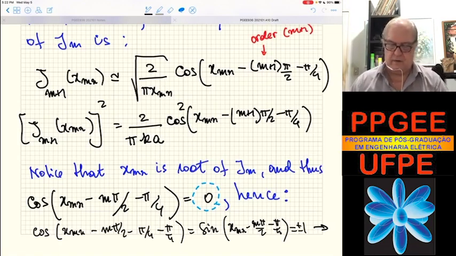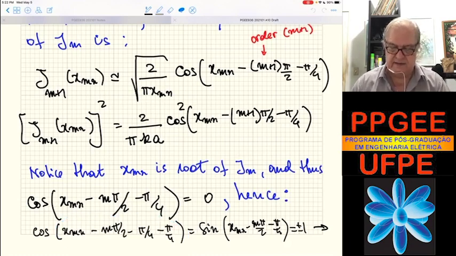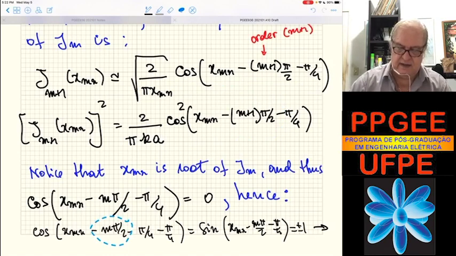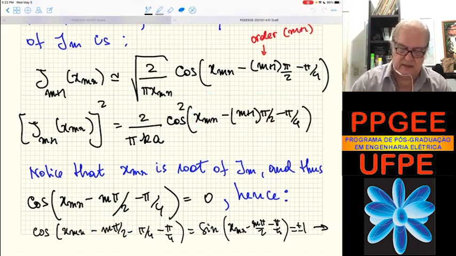And so the cosine of this thing is 0. This is wrong here. It is m plus 1, right? So there's a mistake here. I mean, this factor here is xmn, which is here, minus m pi over 2, which is there, minus pi over 4, which is here, minus pi over 2.